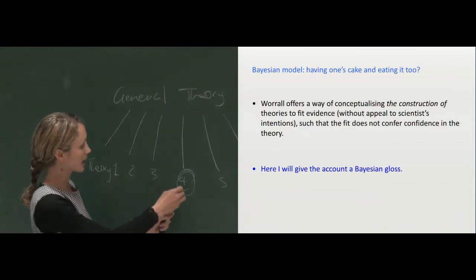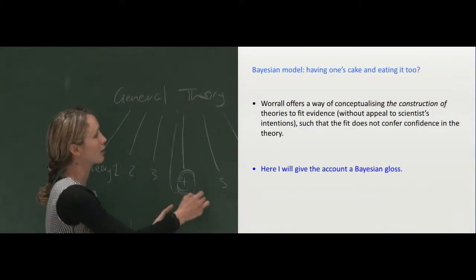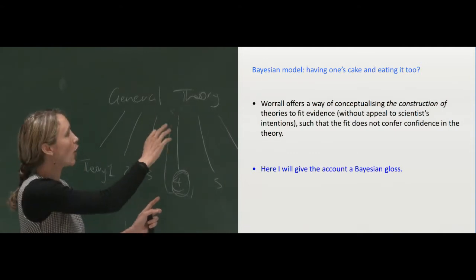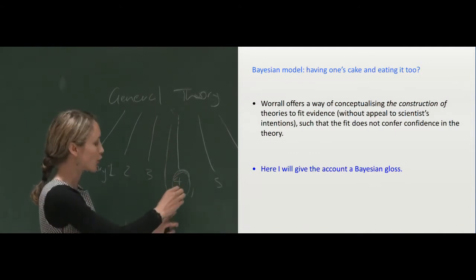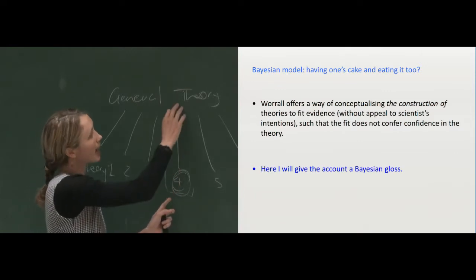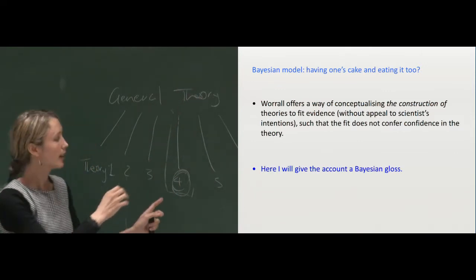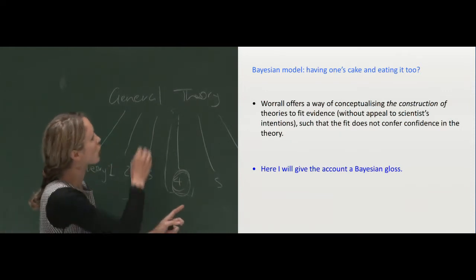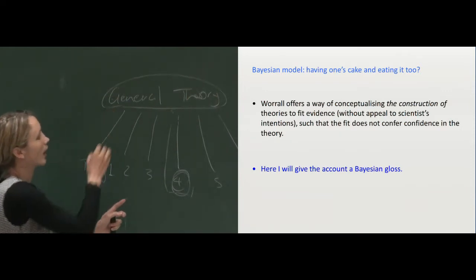Accommodating evidence basically settles a specific version of a general theory, whereas novel evidence goes further and actually tests the general theory, right? So this family structure becomes very important.